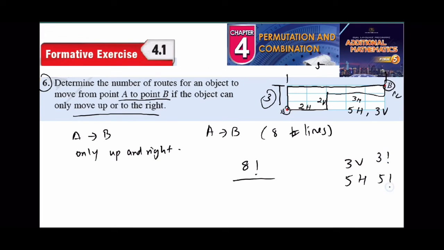So we divide by 3 factorial and then by 5 factorial, and if we simplify using a calculator, we will get the answer which is equivalent to 56. Now let's proceed to the next question.